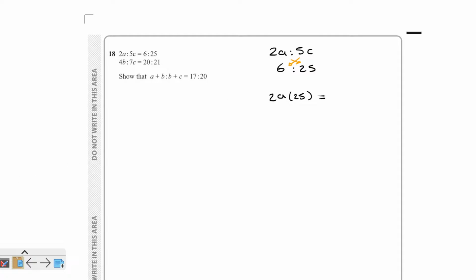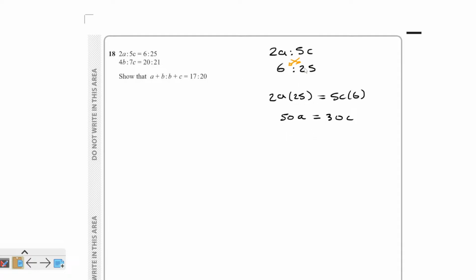It has to be opposite. Just remember that. 5c times 6. And then if you expand that, you get 50a equals 30c. See how now that's an equation.